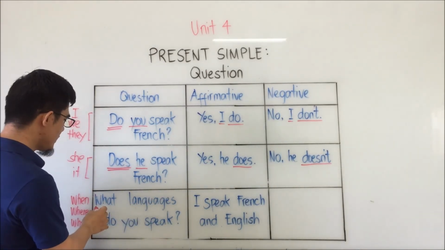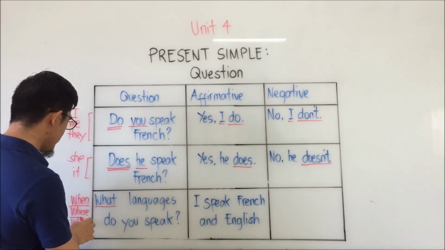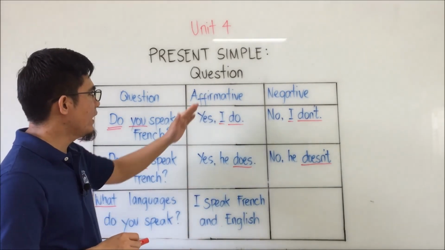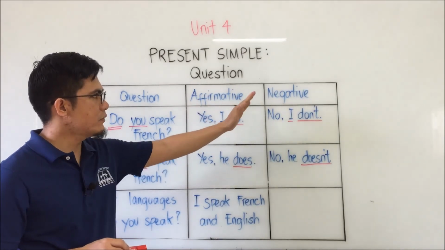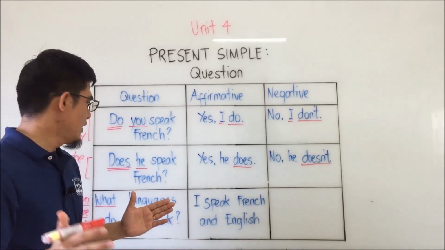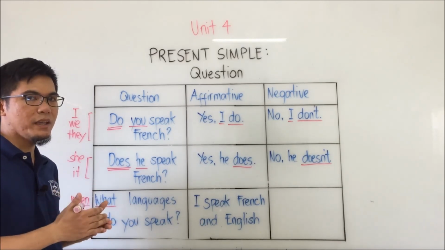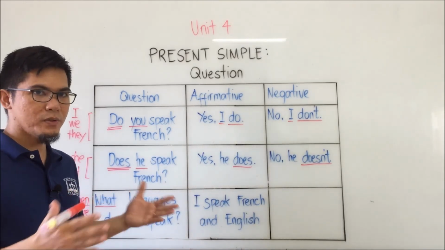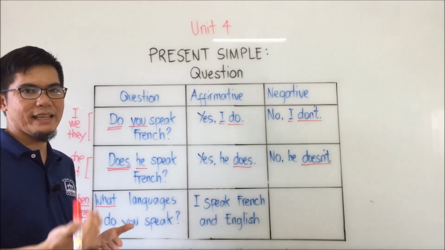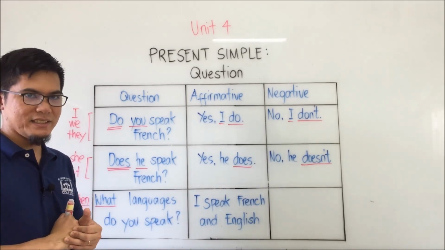But with WH questions, it cannot be answered by a short form affirmative or negative, but it needs a complete answer. But the same rule applies. If we use the pronouns I, we, you, they, or a plural subject, we use do. For the singular, he, she, it, and any other singular subject, we use does.